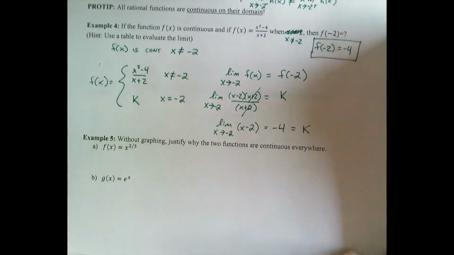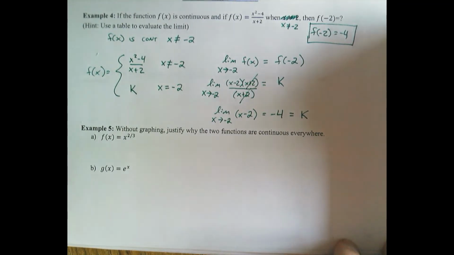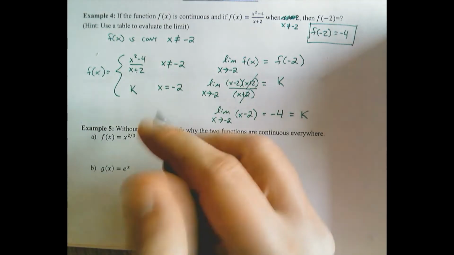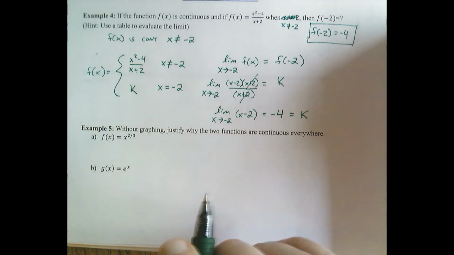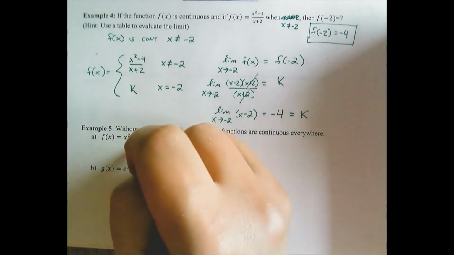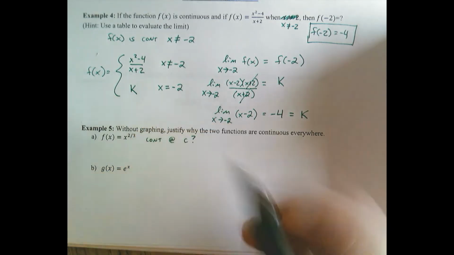All right, moving on to example 5. Without graphing, justify why the two functions are continuous everywhere. Well, let's just say, is the function continuous at a value c? We're going to ask that question.